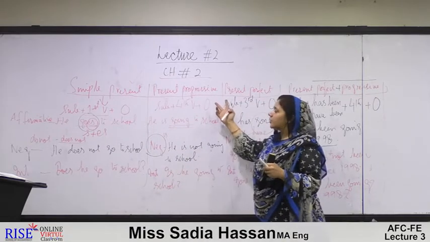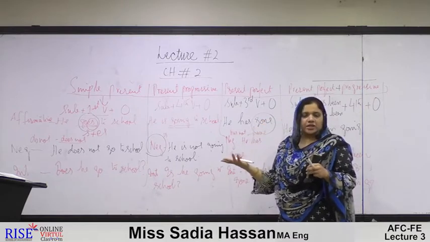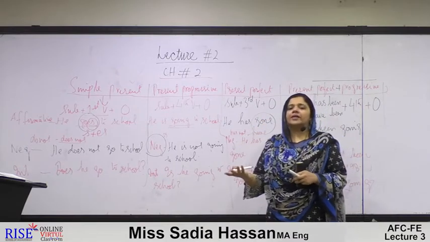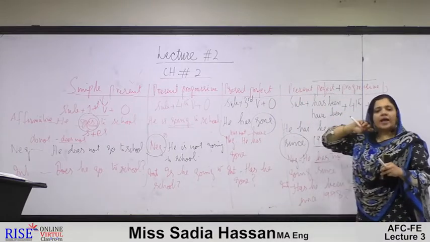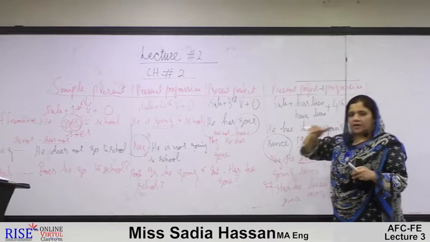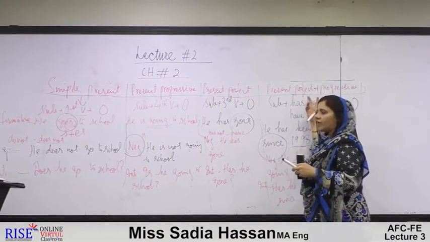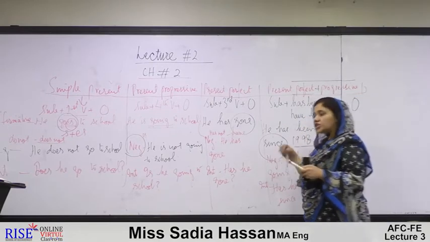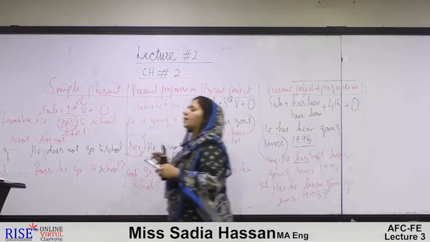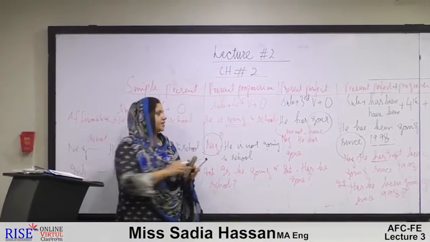Present progressive means the actions which are going on at the time of speaking. By present perfect, I mean an action which has already been done or has just been done. Present perfect progressive is an action about which some part is done just before and the other part of the action is going on. This was all with the present tense.